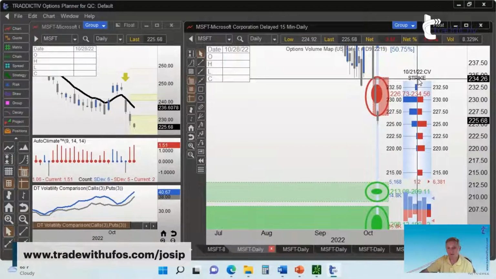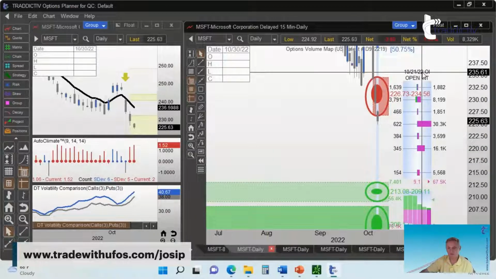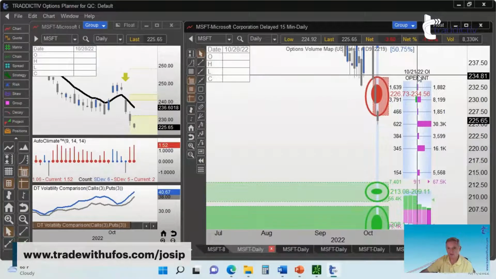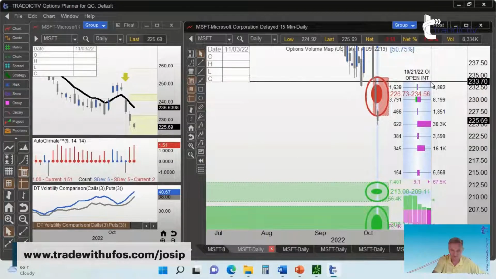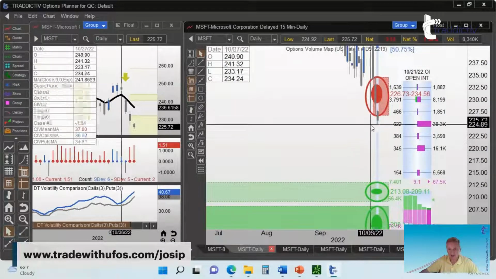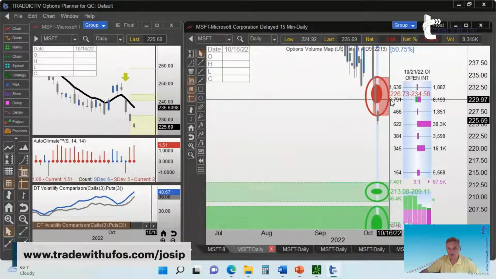But if you keep on clicking here, you can switch this to open interest. This is now the open interest activity for October 21st, which you can see right here, and you will see that we have activity taking place around this red UFO.